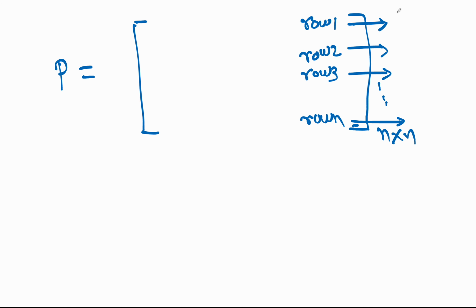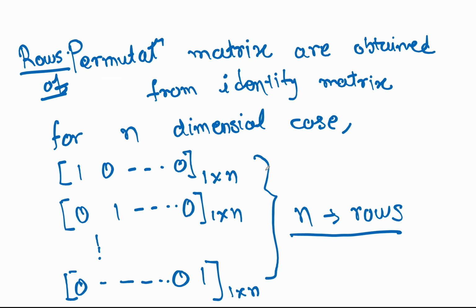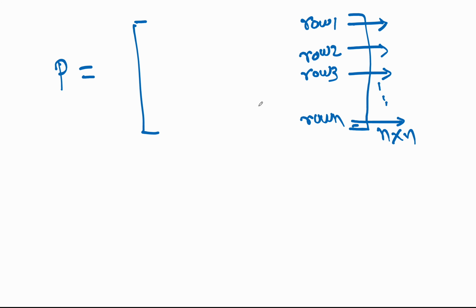So for the first row we have n possible row vectors that can be placed in the first row. So this can be filled in n ways.